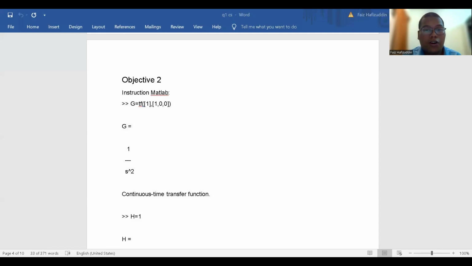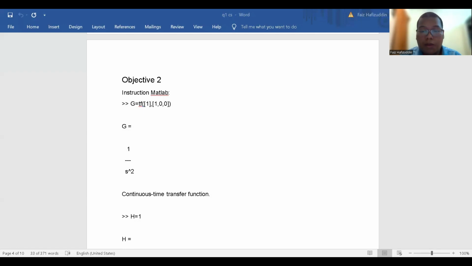This is the graph for the step response for this system. So next we need the step info. As we can see, there is no rise time, no settling time, overshoot, and also undershoot. So the peak and the peak time are infinite.